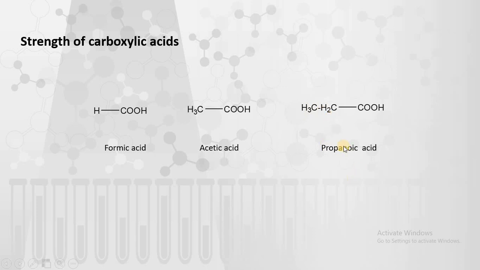If you consider propanoic acid, the alkyl group is donating electrons to the COOH group, and hence the bond between O and H becomes even stronger, and as this bond becomes strong, the acid becomes weak.